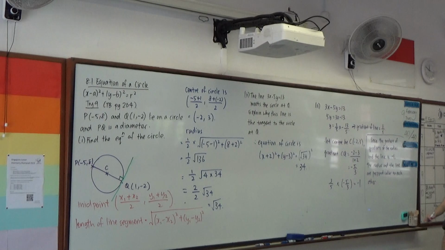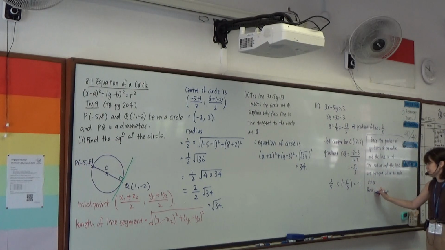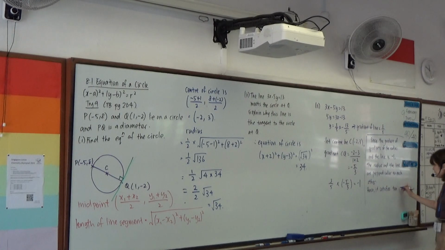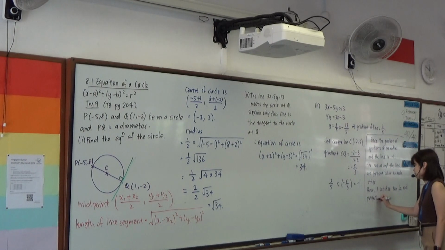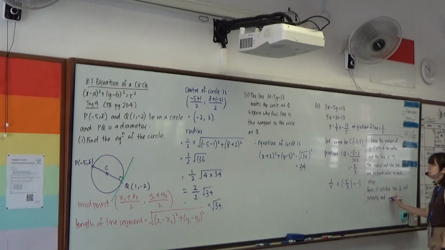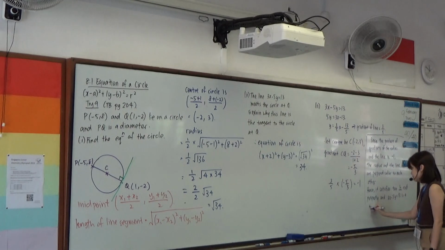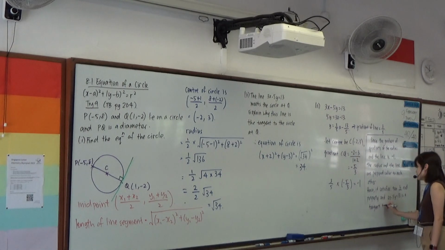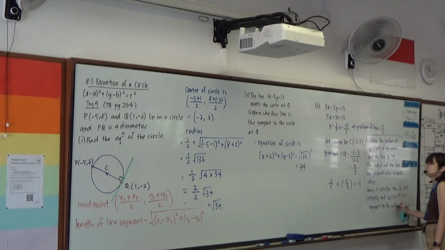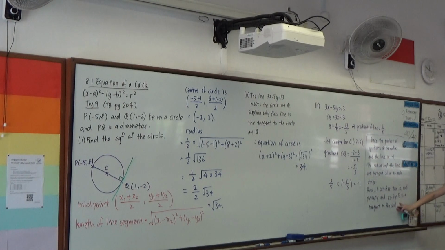Hence it satisfies the tangent perpendicular radius property, and 3x minus 5y equals 13 is a tangent to the circle. Thank you. Fairly long answer, yes, actually.